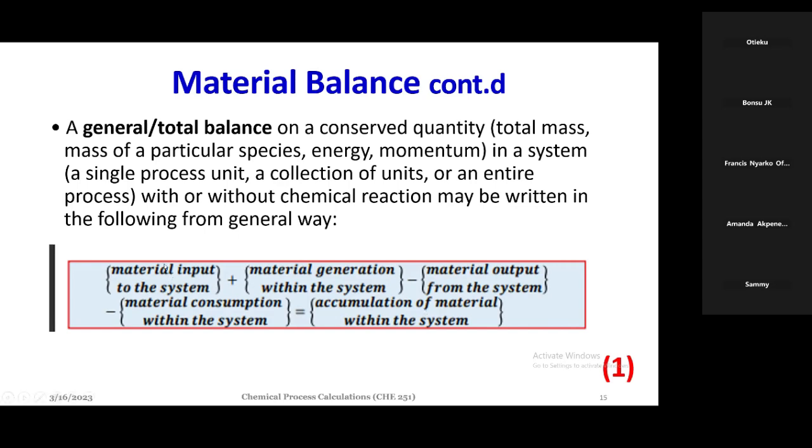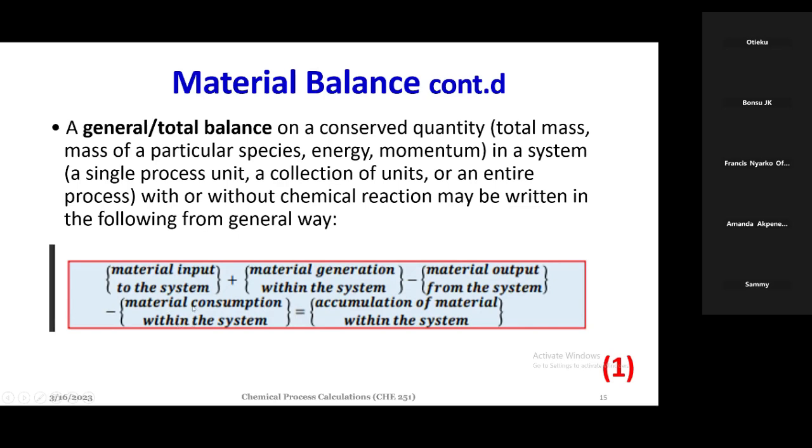So let's say I input 20 kg of salt, and 5 kg of sodium is being produced, or formed, within the system. So here I'm getting 25 kg. Now 10 kilograms of salt comes out of the system, which means I'm left with 15.